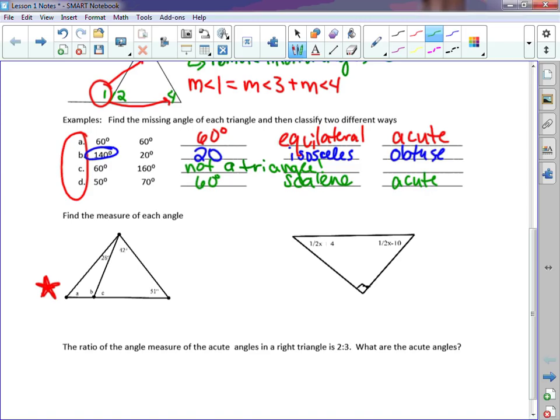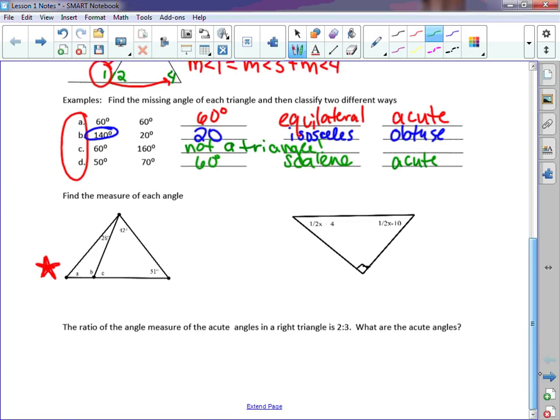Now when we go to find the measure of each angle down here, we have to use a combination of the triangle angle sum theorem and our triangle exterior angle theorem. So first, let's find angle C. What did you guys get for the measure of angle C? 87, do we agree?